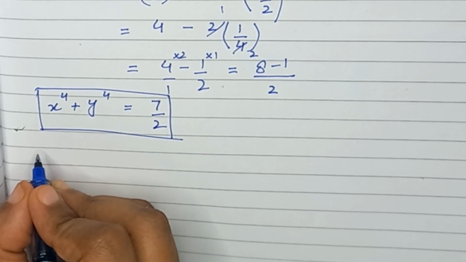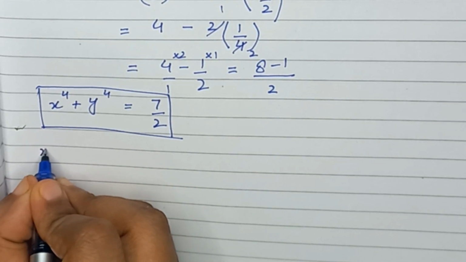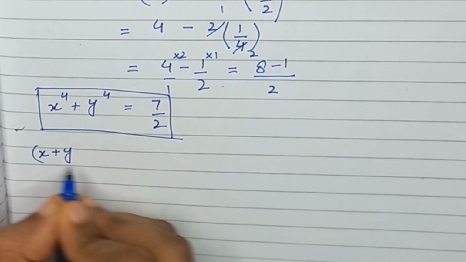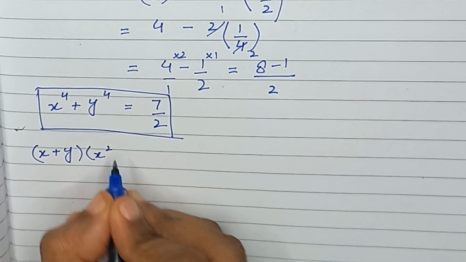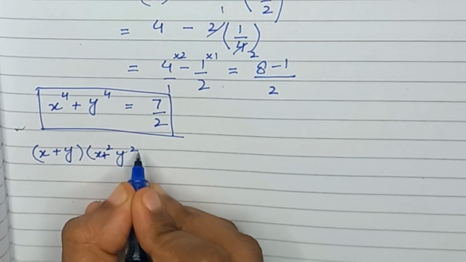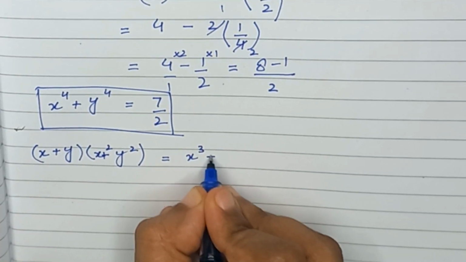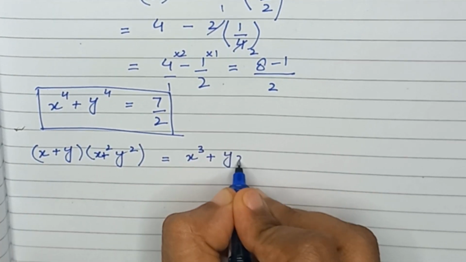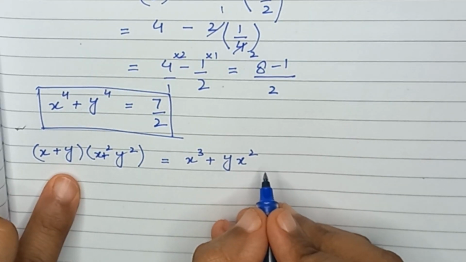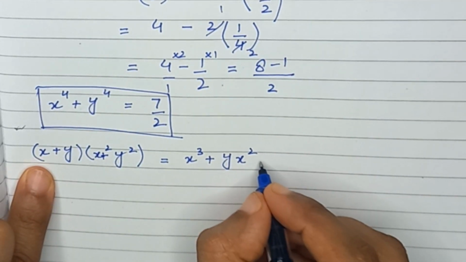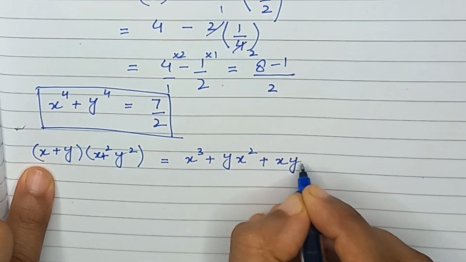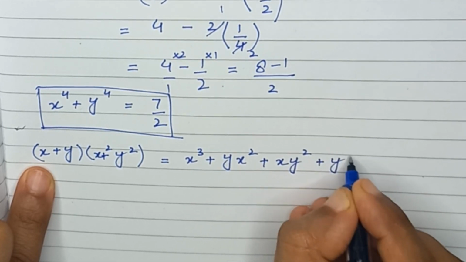If we multiply the quantity x plus y with x square plus y square, it will be equal to x into x square, which is x cube, plus y into x square, plus xy square and y cube.